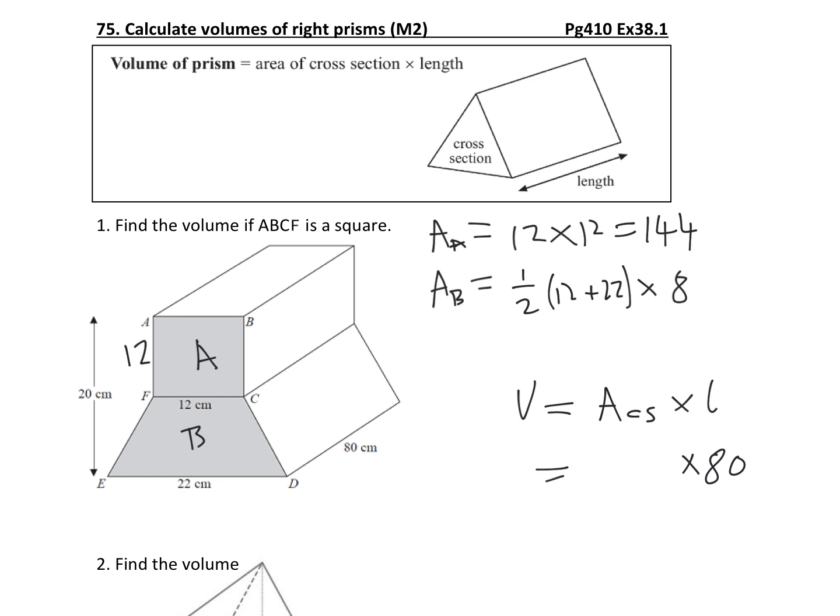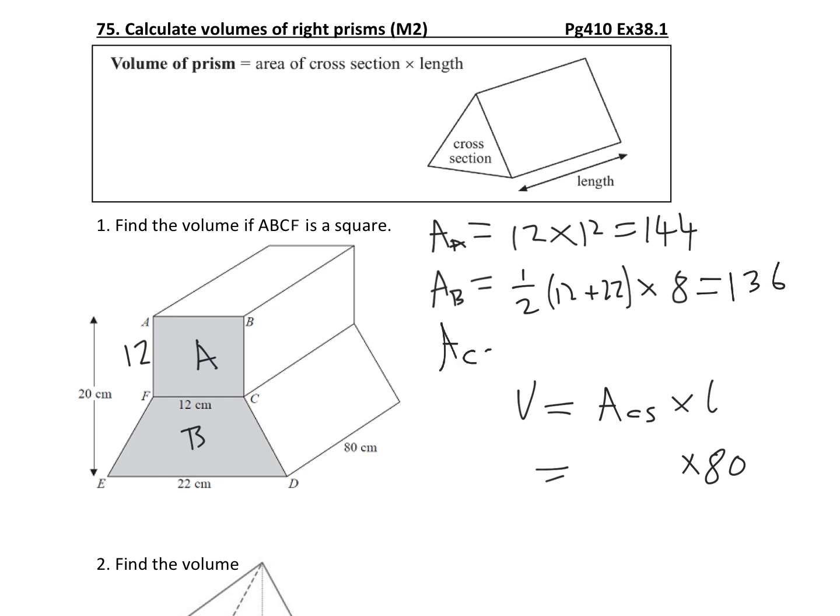So, you add the parallel sides, 12 and 22, which gives you 34. You multiply that by 8, and that gives you 272, and you halve it, which gives 136.